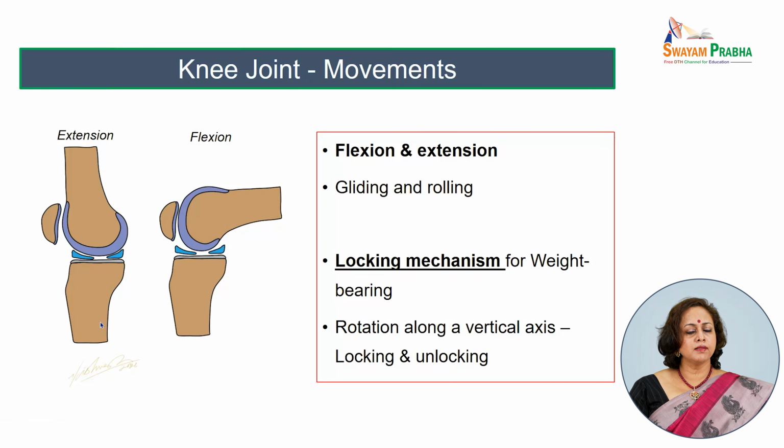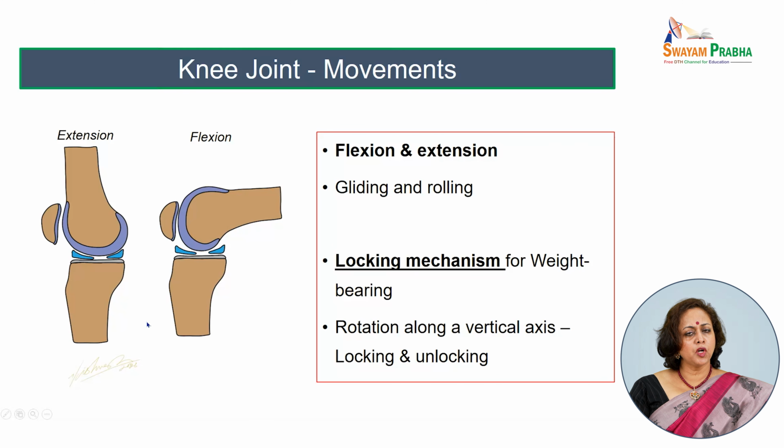So there is a mechanism called a locking mechanism which locks the knee joint in a close packed position around a vertical axis, and the femoral condyles rotate medially over the tibia and make it a close packed position, which is important for long standing to prevent strain on the extension muscles like quadriceps femoris.